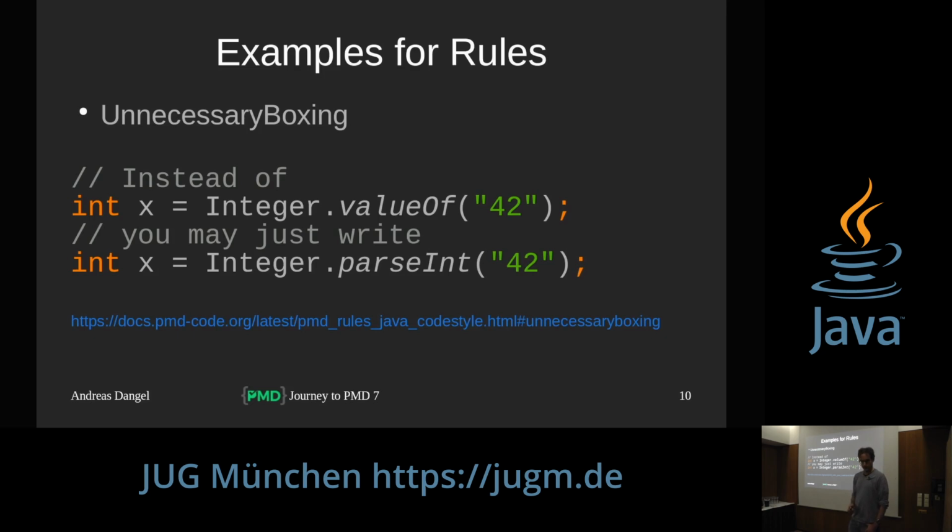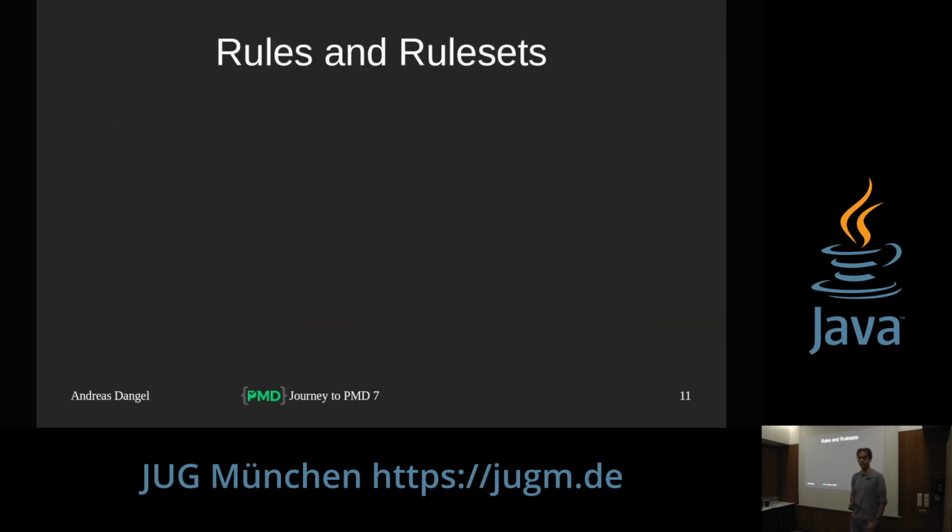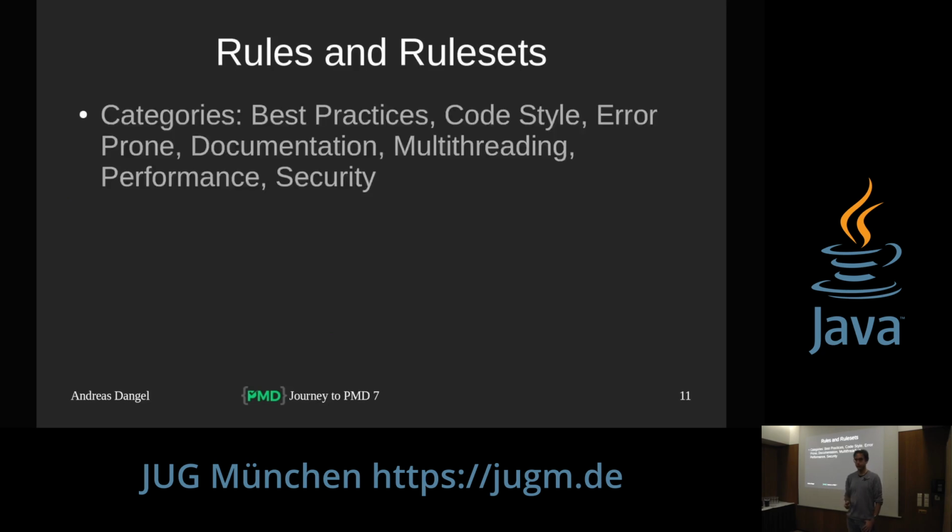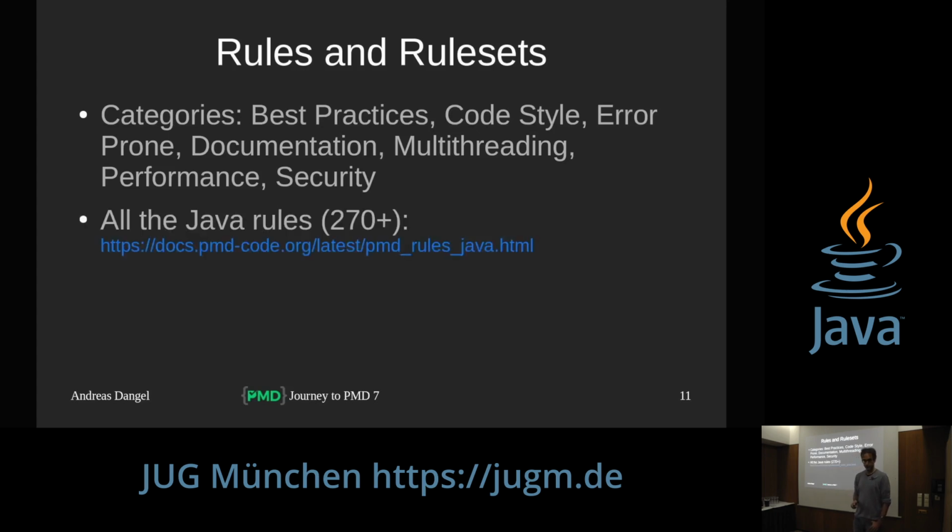Right, as you've seen, there are different categories in which we sorted the rules. In total, we have 7 categories, and we have a few for performance and for security, not so many. Most are in best practices, error-prone, code style. In total we have 400 rules, but for Java, we have 270 rules that you can use.